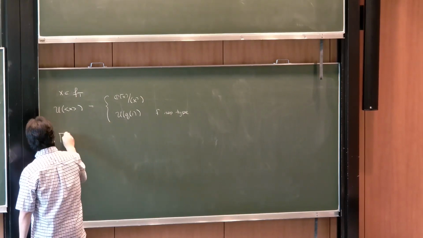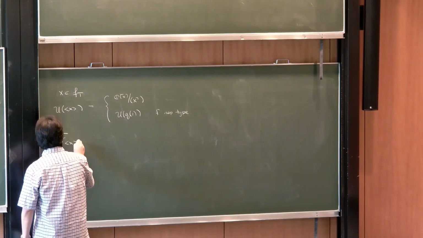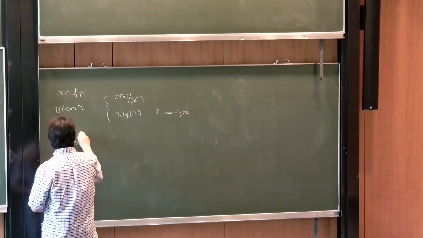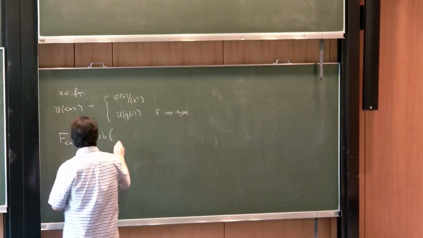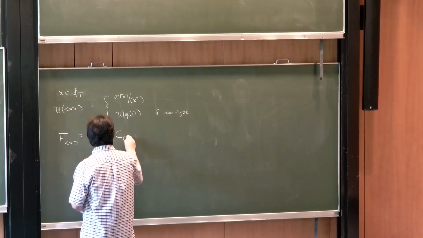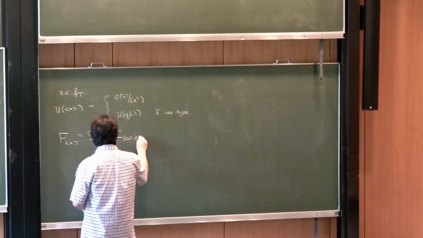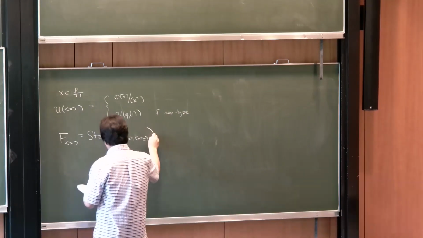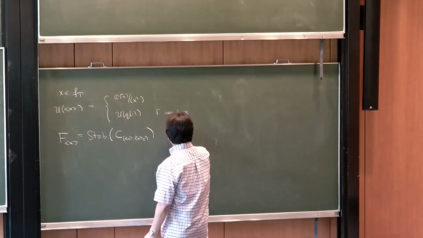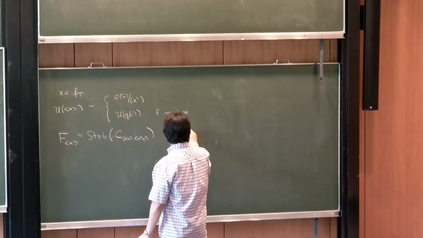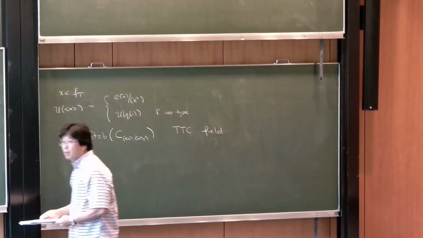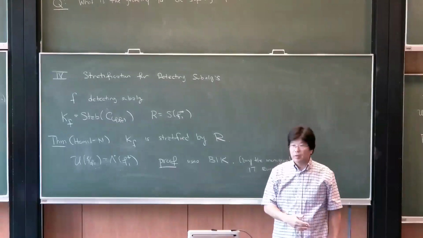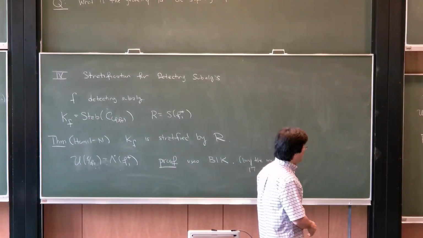So the natural thing to do is just consider the stable module category. We call this C of X 0 bar. And this is the TTC field. Now you can look at the restriction functor.